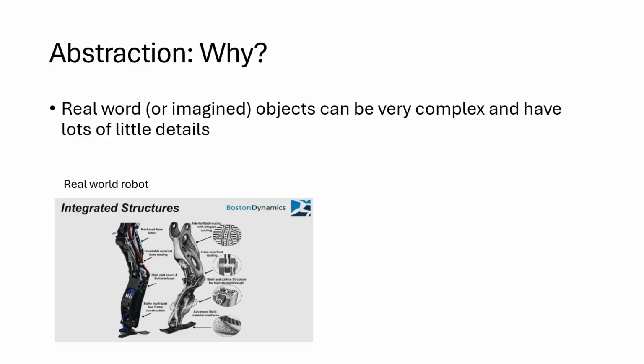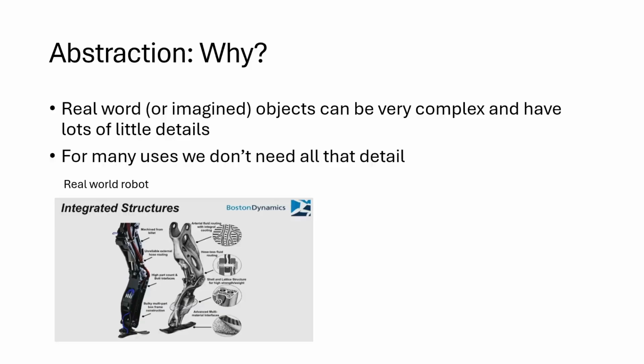And this is all very complex. To fully describe a robot in real life would be very complex. Imagine having to describe all the different positions of all the different circuitry fully, and describing all the different components inside it.